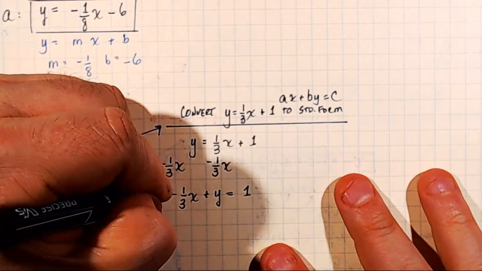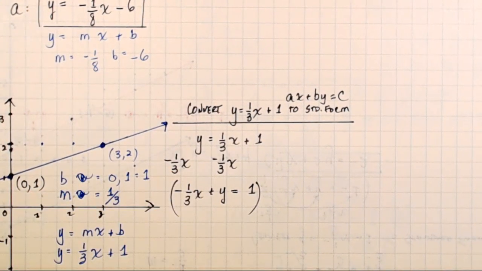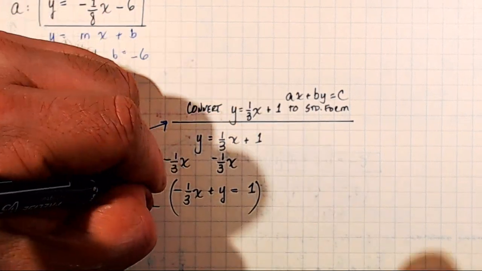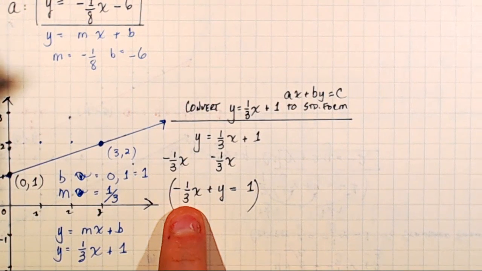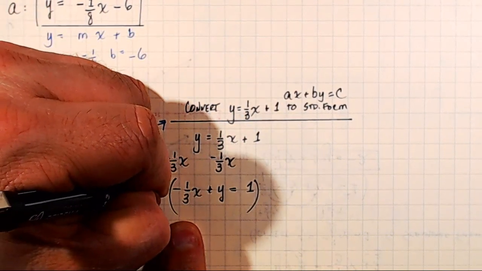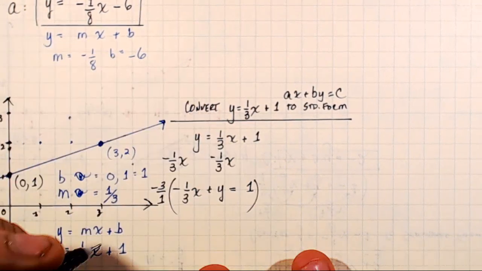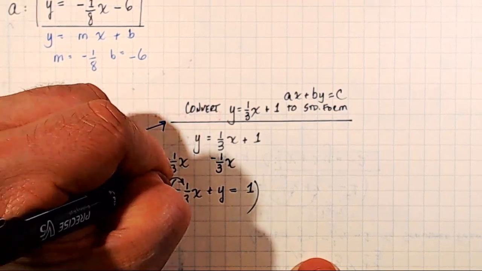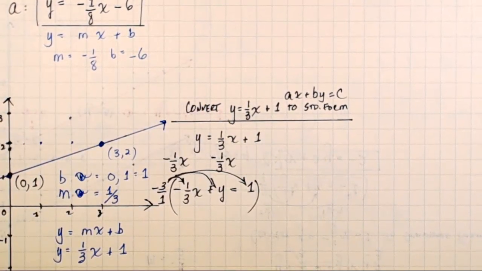Then I've got to think again, how do I make this thing where there's no fractional component? And the way I do that is by multiplying by the reciprocal of the first coefficient, which is a, which is -1/3, multiply by the reciprocal, -3/1. Then distribute that to each of the terms in your equation, just like that.